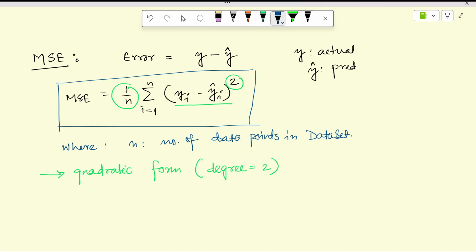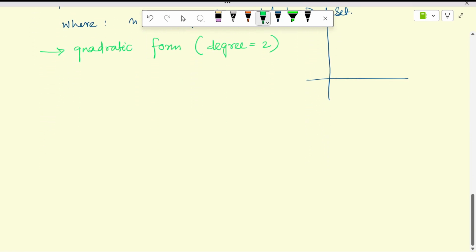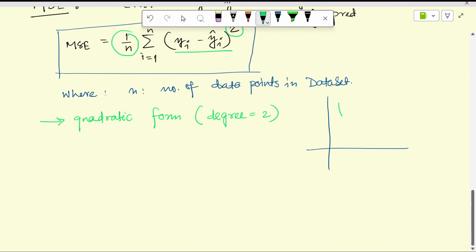So if we plot MSE, the graph will be a parabolic curve.